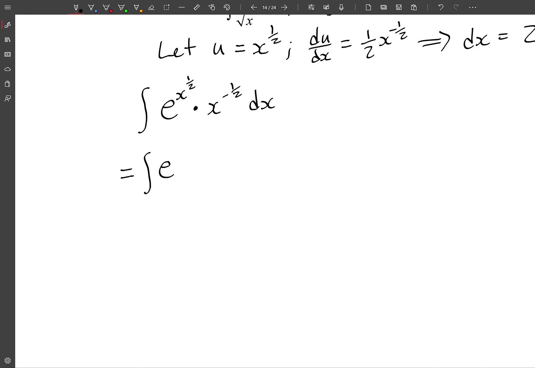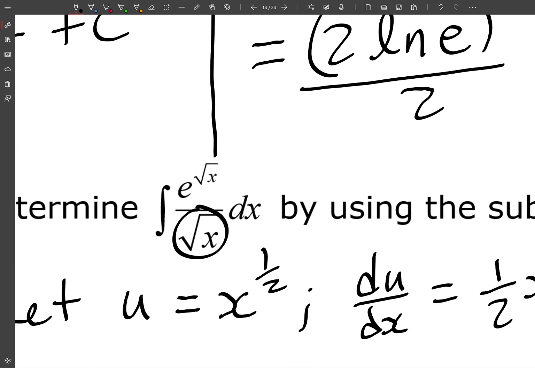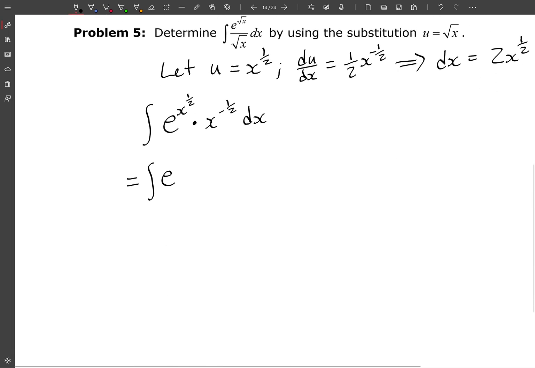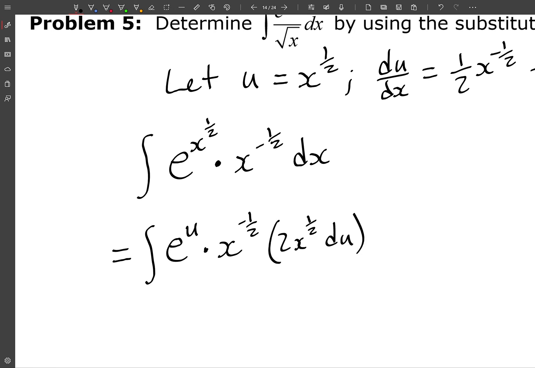So we're going to replace that square root of x. The reason why root x was such a good choice here is that's both my denominator and my exponent. So that actually helps me in 2 places. So what I get then is this becomes e to the power of u times my x to the negative 1/2, right, times 2x to the positive 1/2 du.